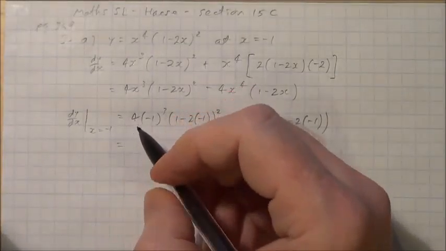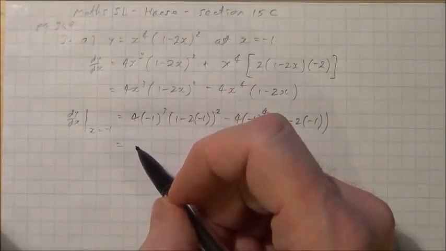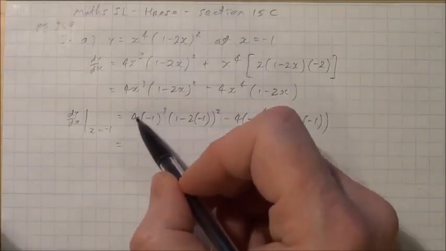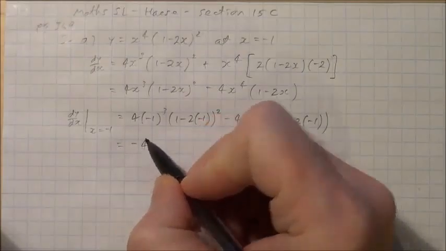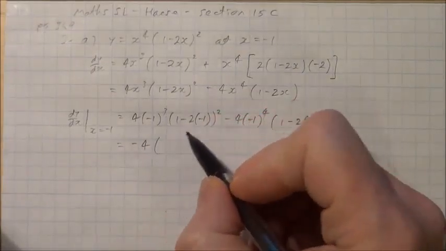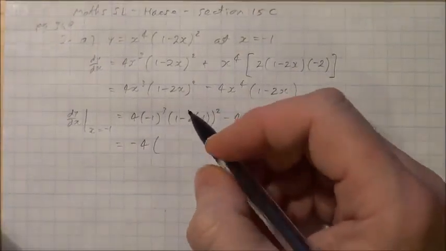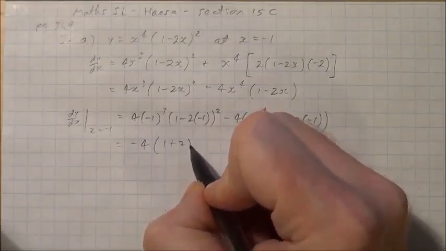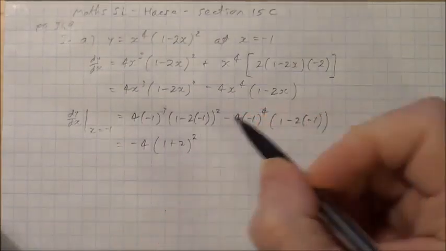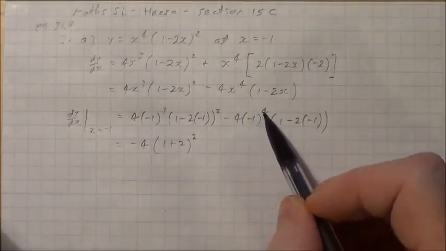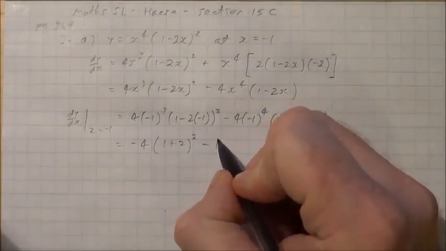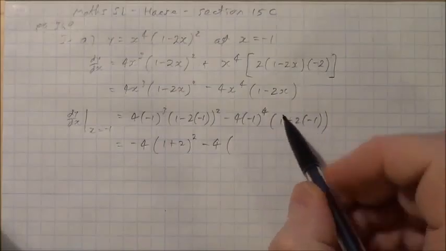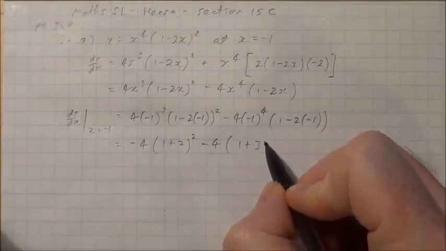So this gives me negative 4, so negative 1 cubed is negative, multiplied by 4. Then inside here I've got negative 2 times negative 1, which is positive 2, so I get 1 plus 2 inside, still to the exponent 2. Negative 1 to the exponent 4 gives me positive 1, times negative 4 gives me negative 4, and then in here I'll have 1 plus 2.